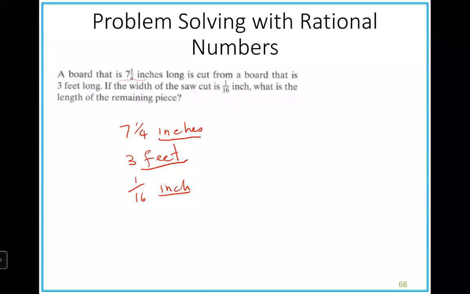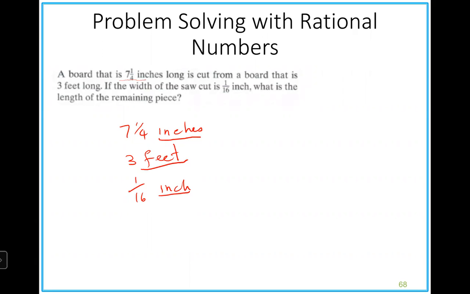So we're going to have to change. Which one are we going to change? Feet to inches, or the inches to feet. Usually it's best to change from the larger unit to the smaller unit. So which is larger, feet or inches? Feet.